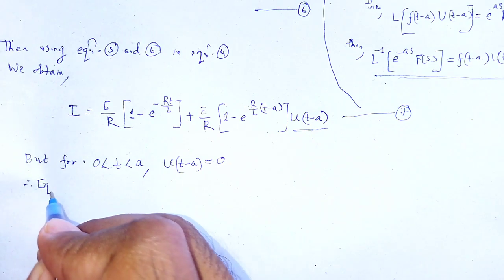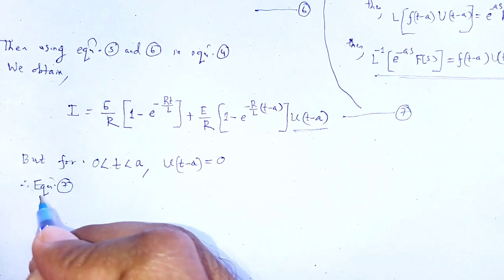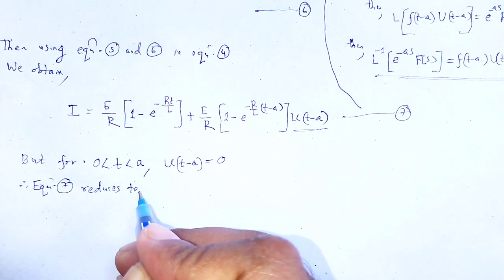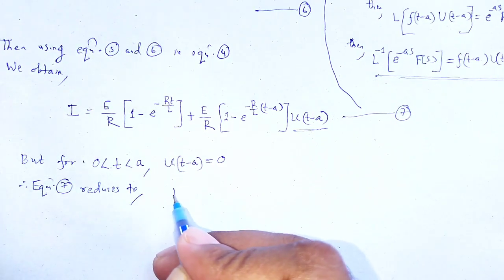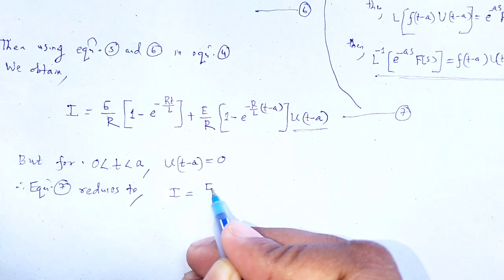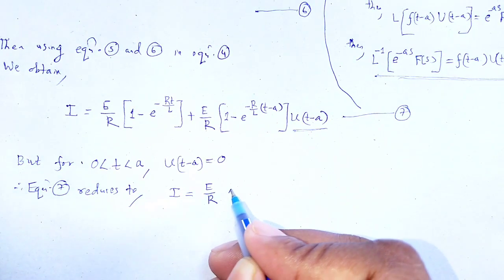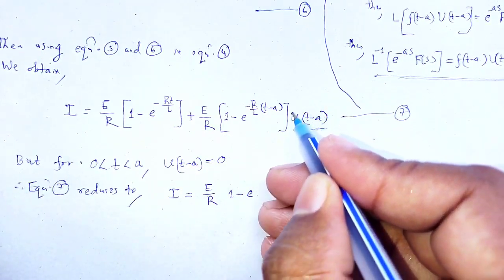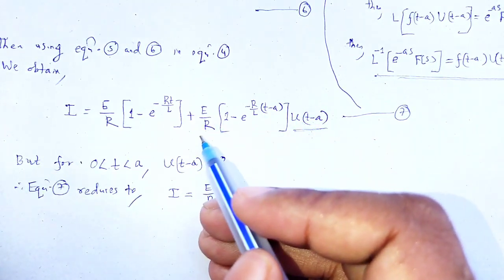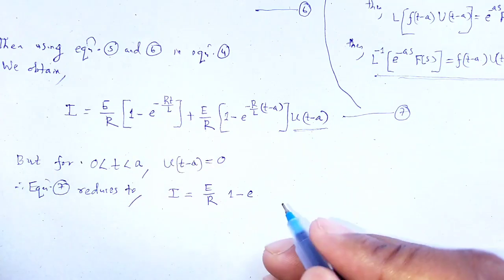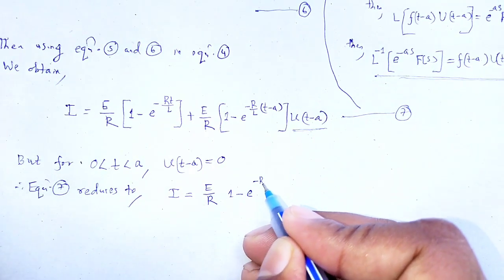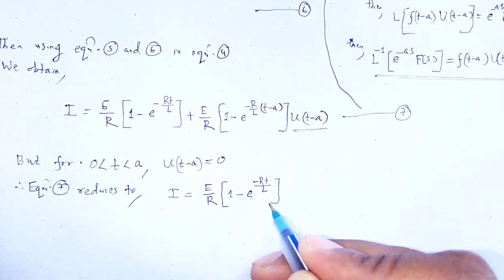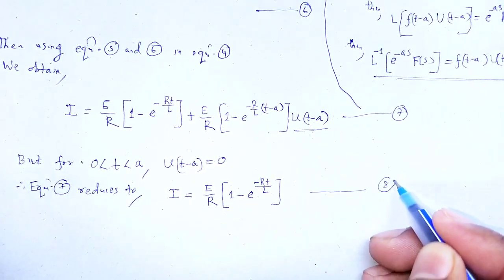Therefore, equation 7 reduces to I is equal to E by R into 1 minus e to the power minus RT divided by L. The other term cancels out and only that term exists. That is equation number 8.